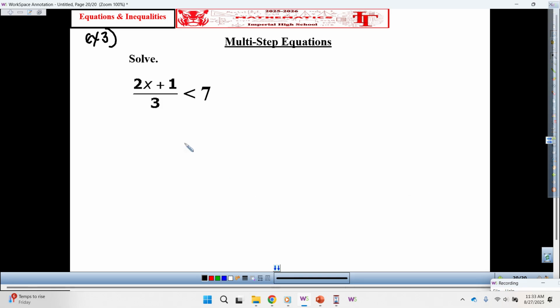All right, do this one together. Line down the inequality symbol. Can we simplify this side anymore? No. How about this side? No. Okay, so let's start by leaving the variable by itself. What's going on? There's addition and there's division.